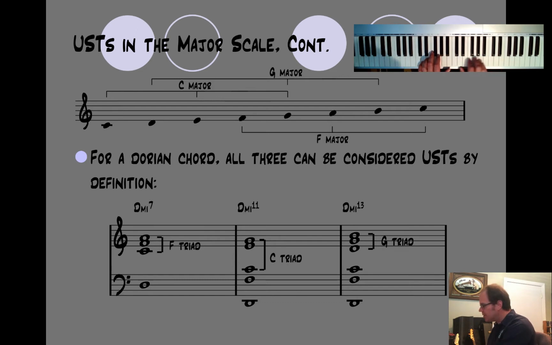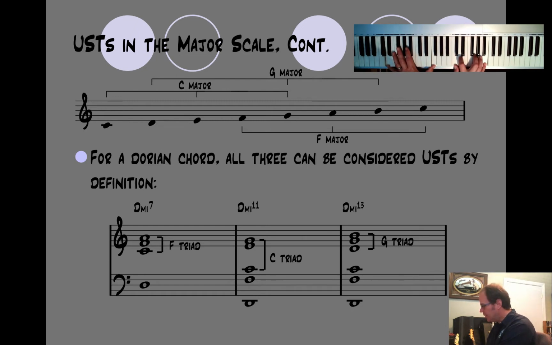Actually, sorry, this is a root inversion, not inverted at all. So that makes kind of like a D minor 11 sound. And one of the reasons that this works is that, remember, Dorian does not have any avoid tones in it. So then the other one that we could use here would be the G triad.